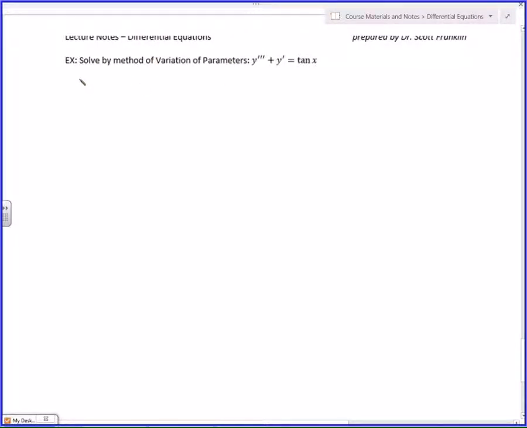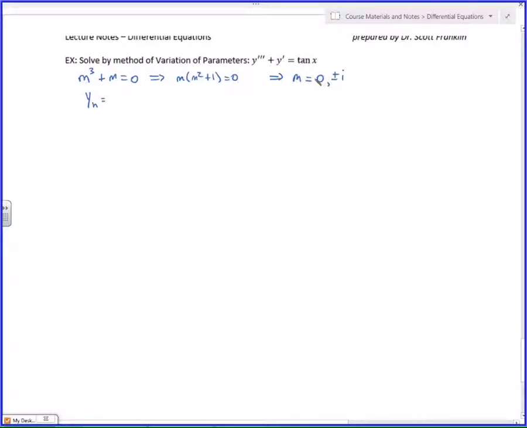What's your characteristic polynomial? M cubed plus M. Which means m times m squared plus 1 equals 0. So what are my solutions? 0 and plus or minus i. So what would my YH look like if your solutions are 0 plus or minus i?